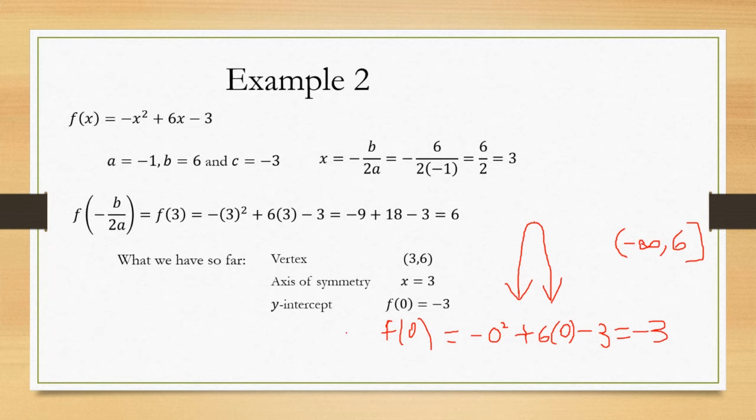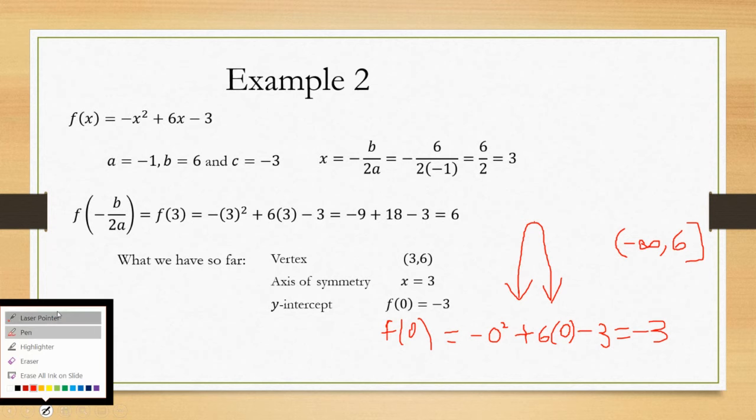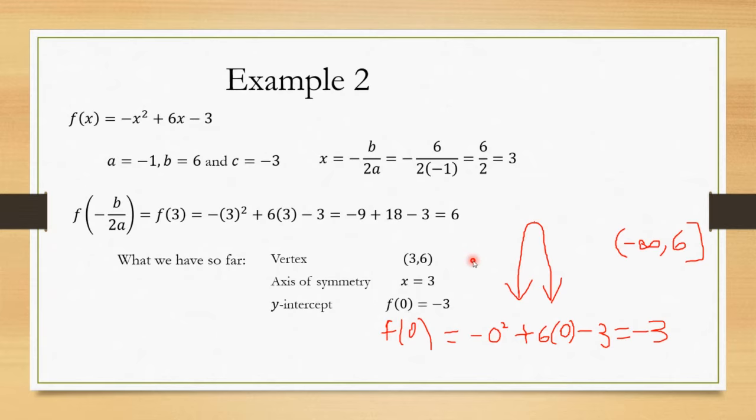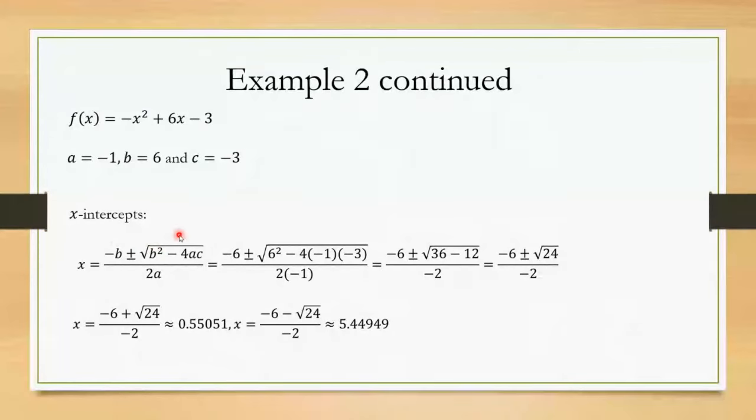So we get those. And again, what's left that we need is the x-intercepts. For this, I'm using the quadratic formula as before. We have our a, b, and c. So from here, we have -6 plugging in, plus or minus the square root of b squared minus 4 times a times c, over 2a.